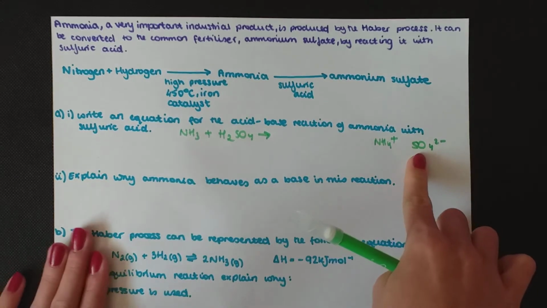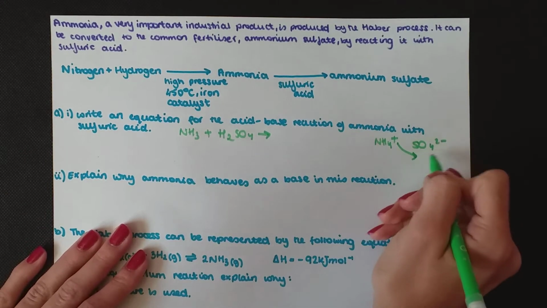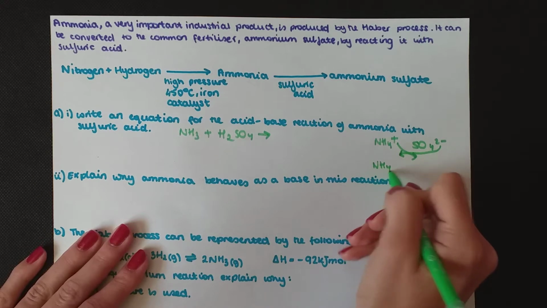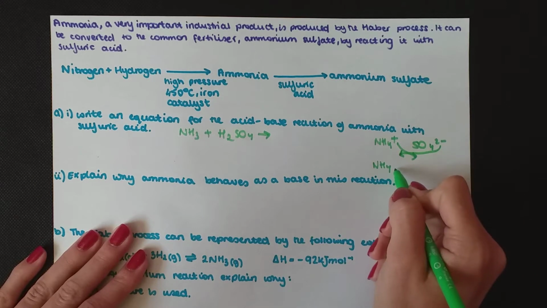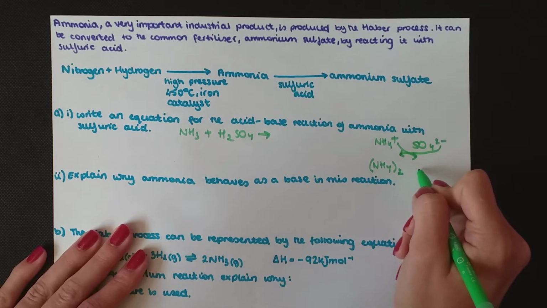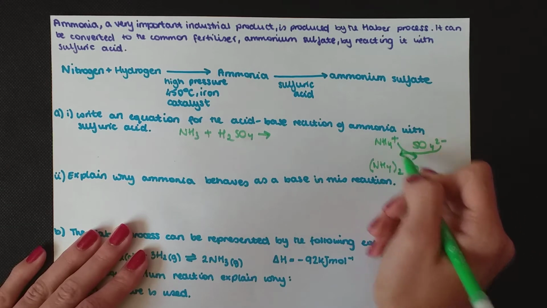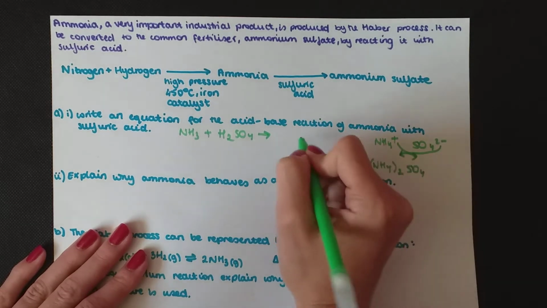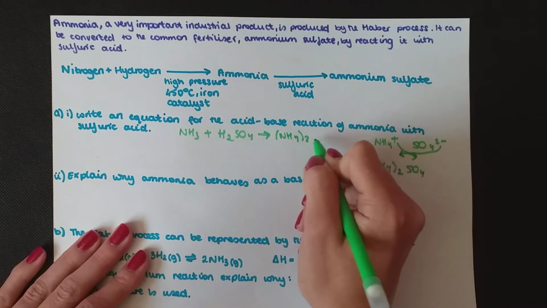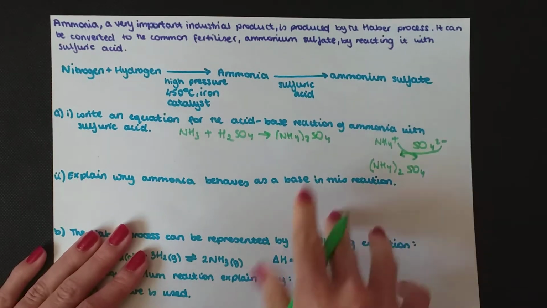These are the ions you should know off by heart for your exam, and then you just take the charge down. So we write NH4 with the charge of SO4, and then we write our SO4 and take the charge down through ammonia, but it's 1, so we don't have to write it. So our ammonium sulfate looks like this: (NH4)2SO4.